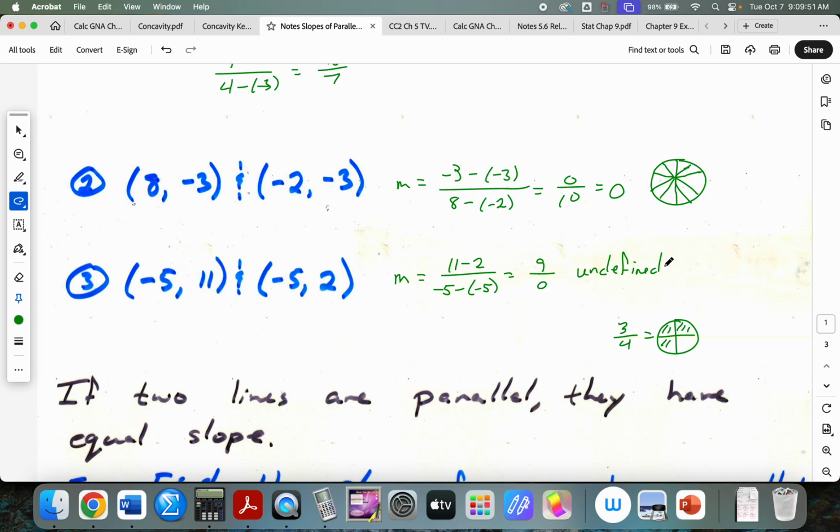Or you could spend all day putting zeros into 9 and not get anywhere, right? The closest thing would be to say that it is infinite. But infinity is not really a number. So anytime you've got 0 in the denominator, that's a problem.